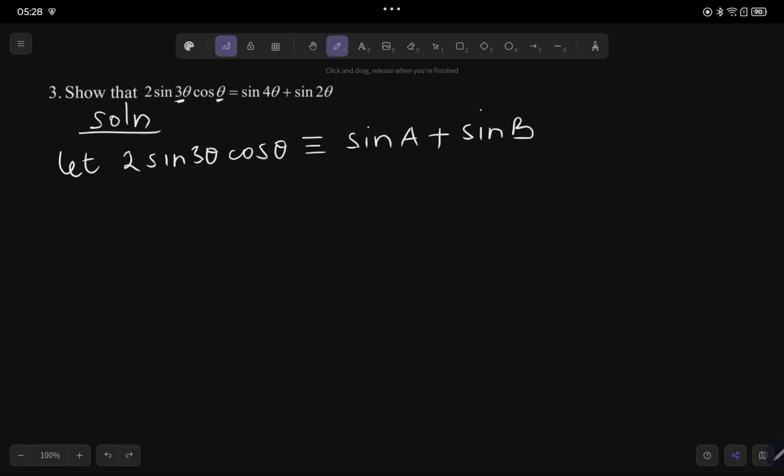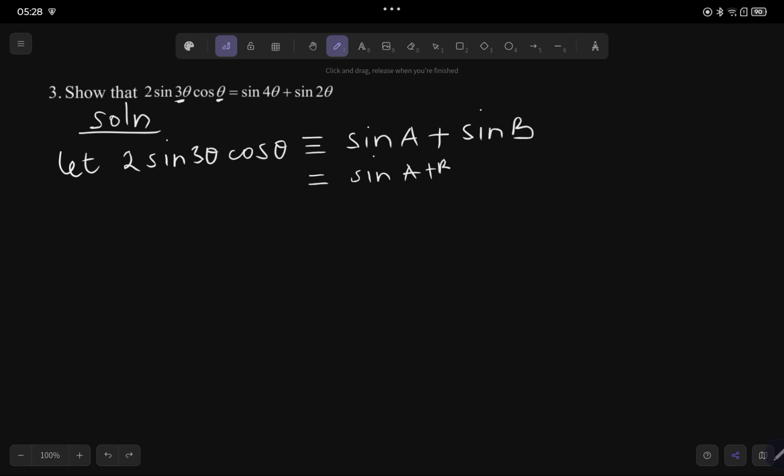If we prove that A is 4 theta and B is 2 theta, then we would have shown what we need.